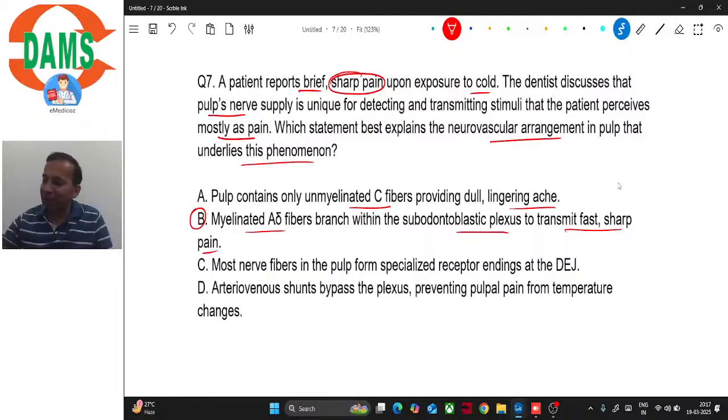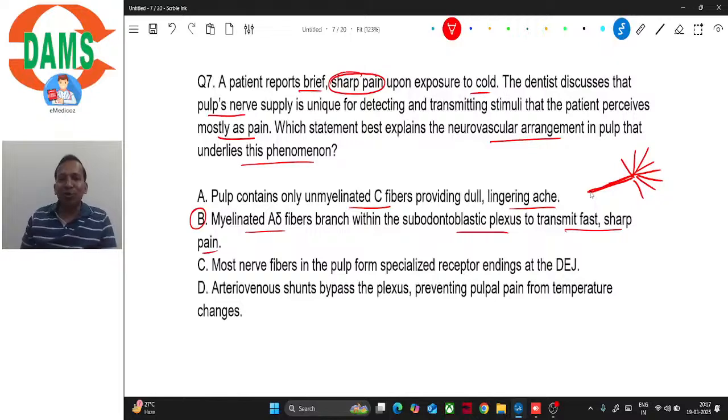So remember this extra information: from one fiber, there come out approximately 8 branches in the cell-free zone of Weil. So basically, it forms a very rich plexus, isn't it?